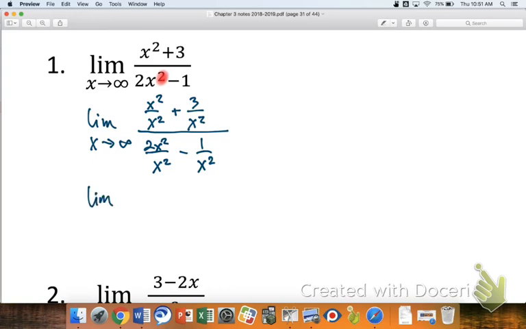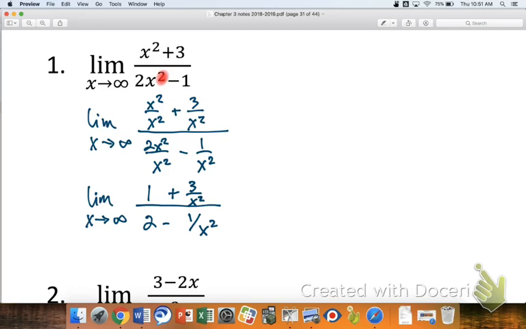So it's going to be the limit as x heads towards infinity. Here's my fraction bar. It's going to be 1 plus 3 over x squared, over 2 minus 1 over x squared. Just canceling out the x's and x squareds where possible. Make sense?